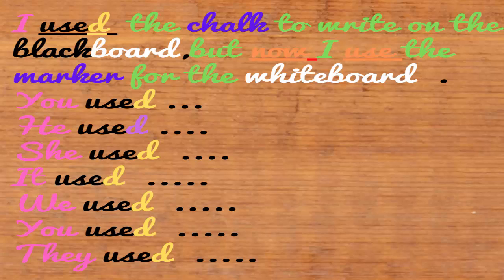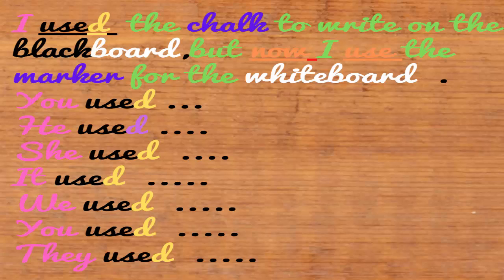Use is in simple present, and S is pronounced Z. While in the past, the verb takes D, and the pronunciation is changed, so S stays as it is, but D sounds a little bit like T, though it's spelled D. So we say used and I use.